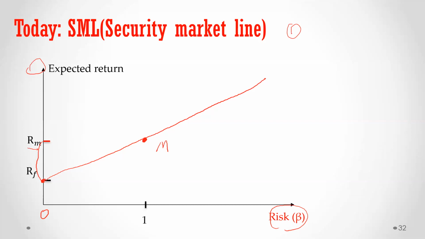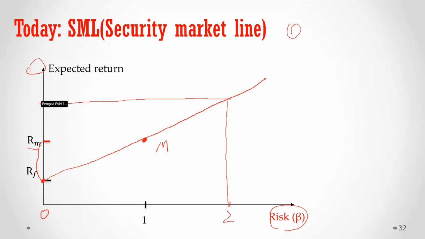And if there's an asset, let's say its beta equals 2, then based on the security market line, we can infer its expected return if this asset is correctly priced. So based on this figure, we can estimate the expected return for this asset.